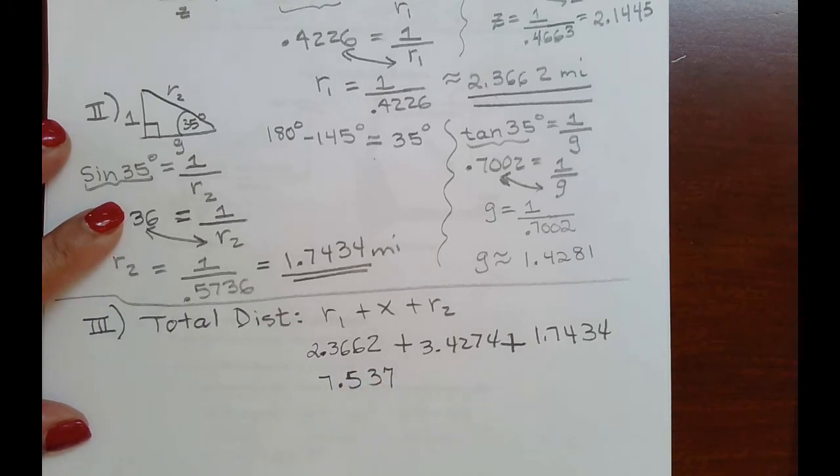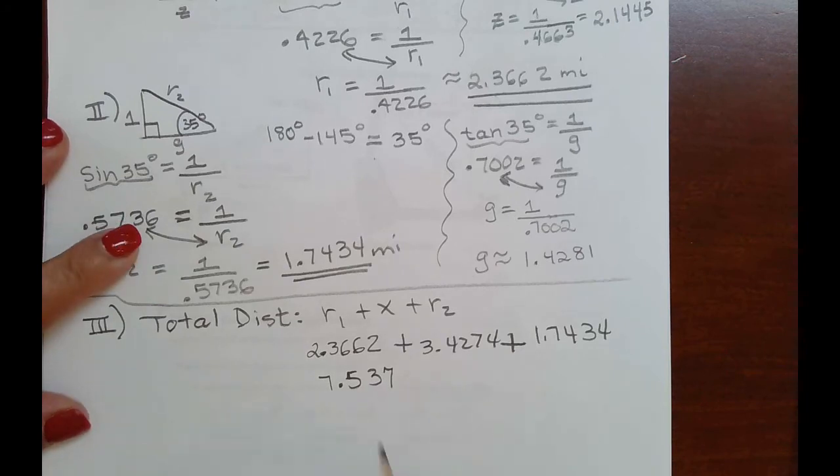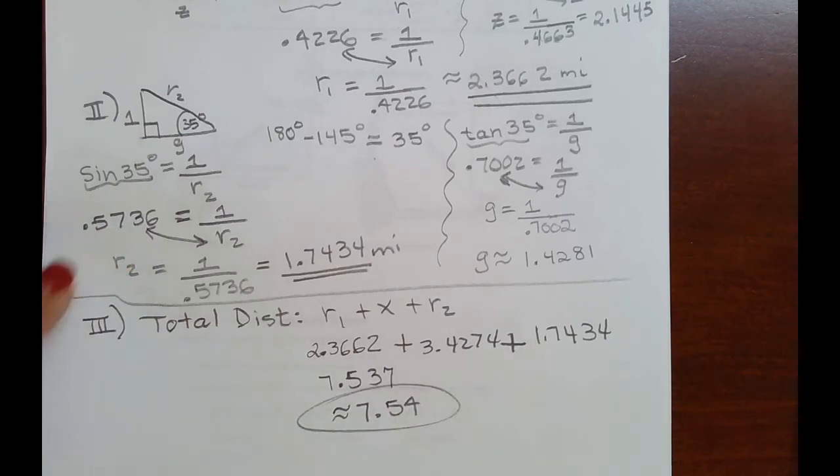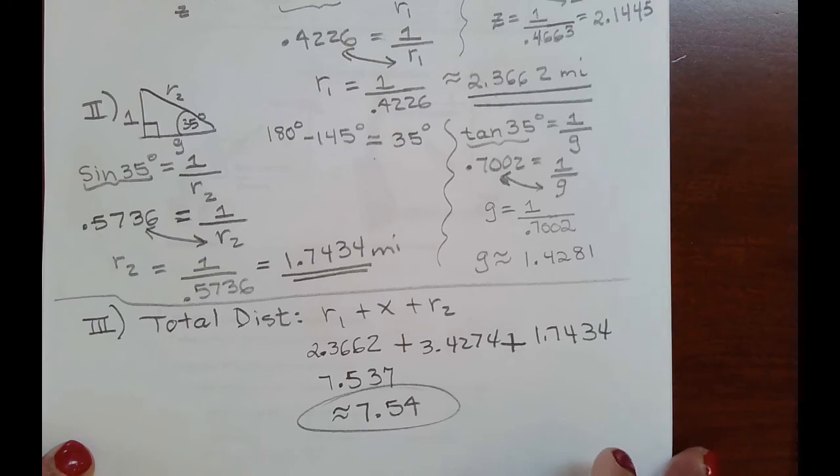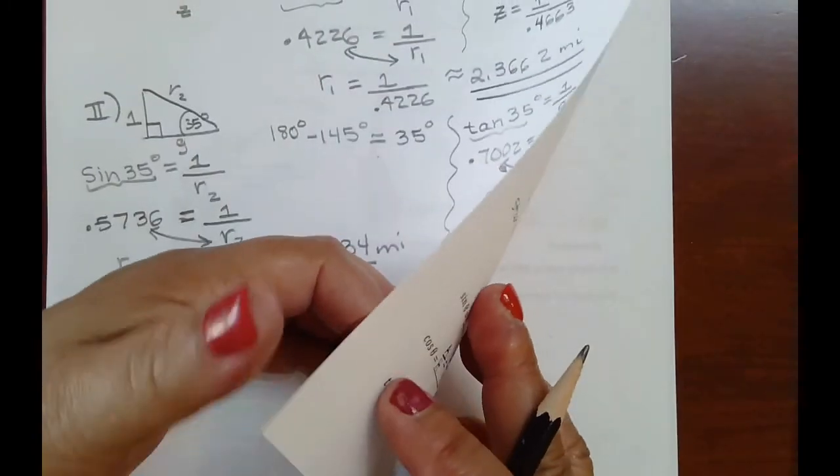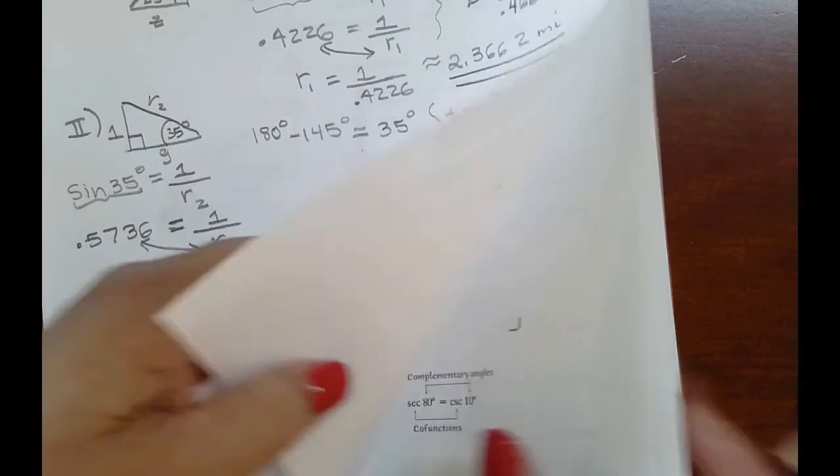And then I believe they asked you to round to 2 decimal places. So just 7.54. Okay. All right, so heavy on the steps.